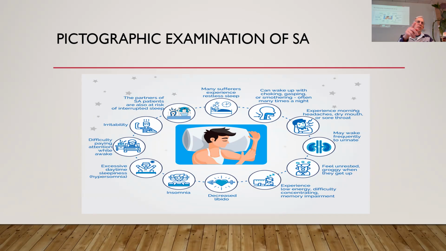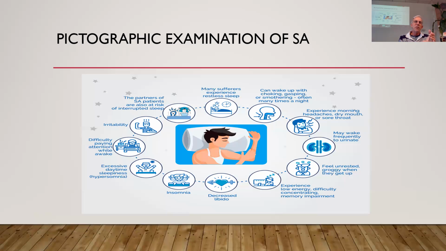Again, heading back to the top of the page, excessive daytime sleepiness. If you find yourself napping during the day quite often, there's a problem. You have difficulty paying attention and concentrating. That is an outcome of that. Irritability is another outcome.